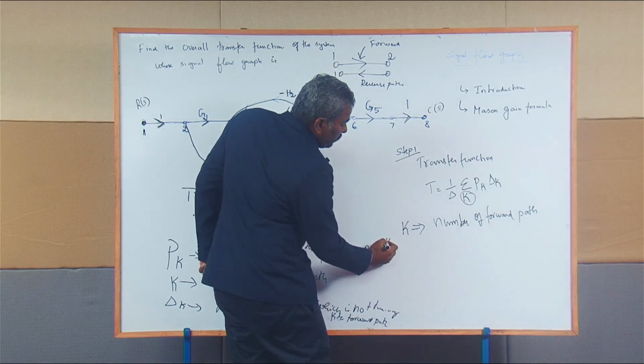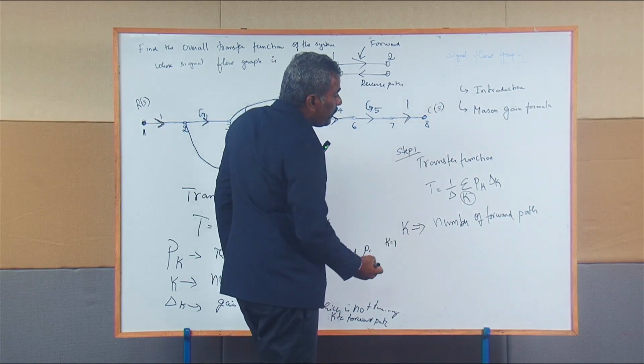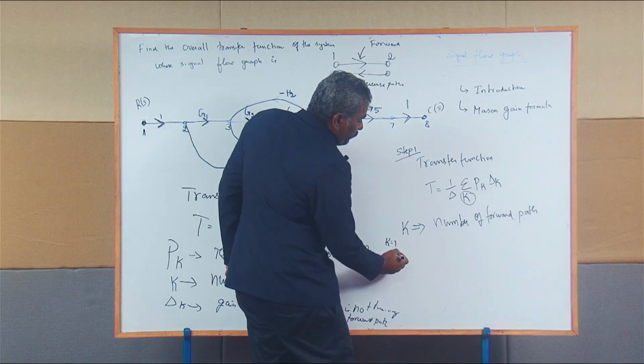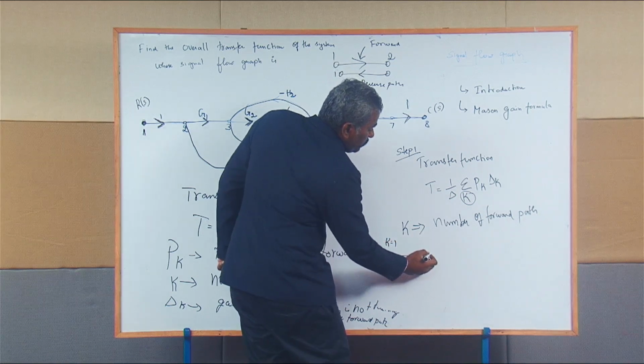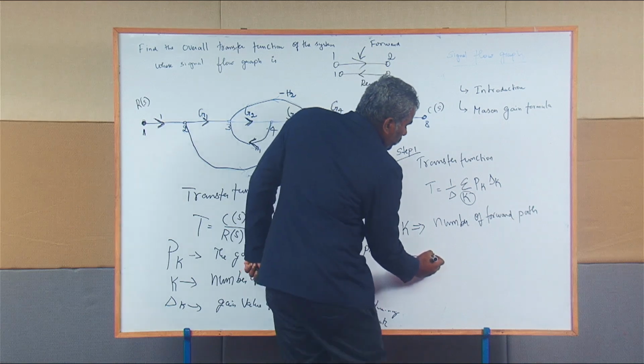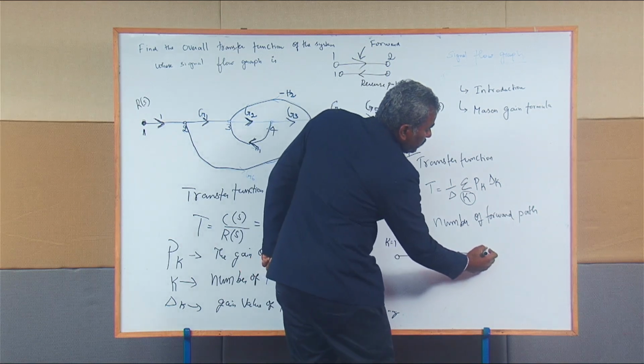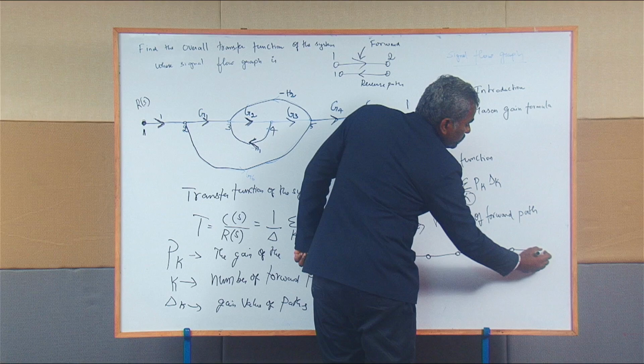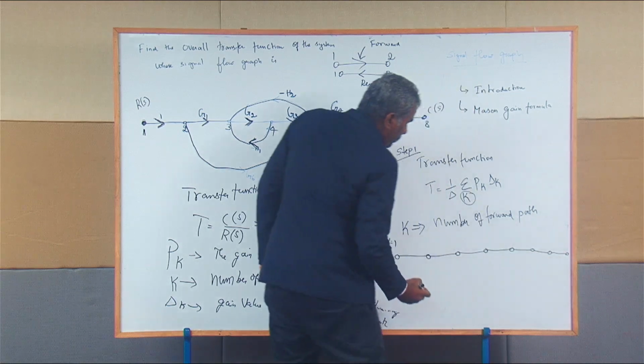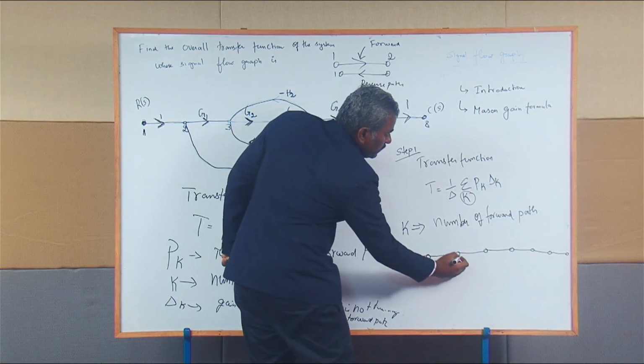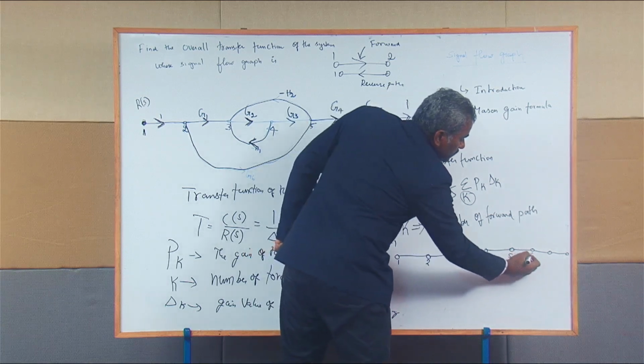So k equal to 1, the first forward path reaching from input to output, should be shown in the figure. All straight nodes are represented as forward path 1: 1, 2, 3, 4, 5, 6, 7, 8.